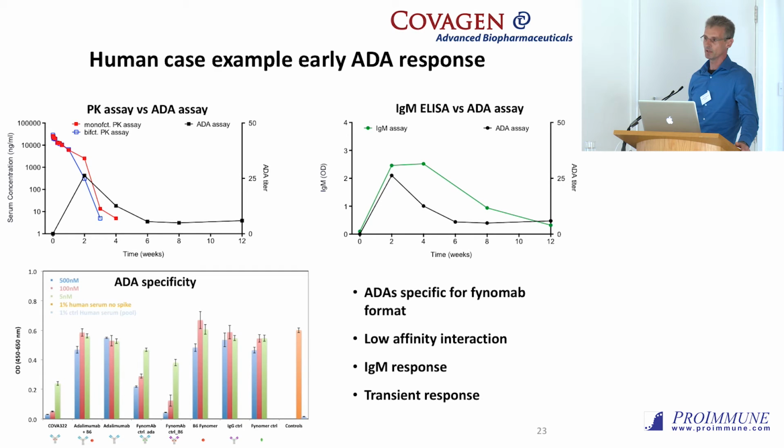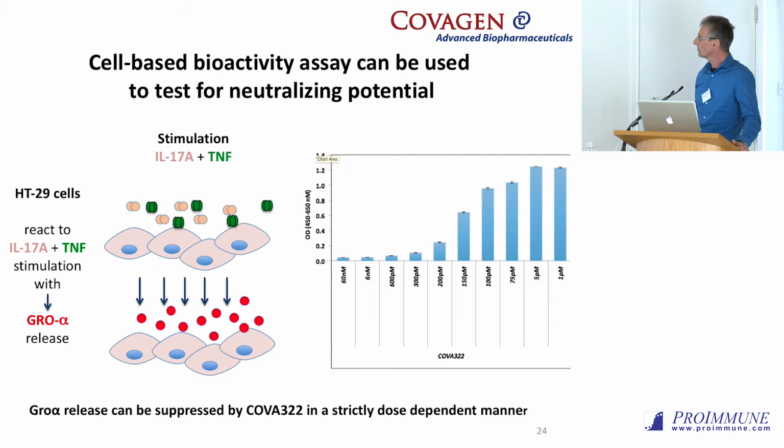Or could it be that we have antibodies that interfere with our PK assays, because we have sophisticated PK assays where binding to the targets could have an influence, and that there's maybe still some bioactive molecule around. So we did use again our bioactivity assay, and this is just to show that this nicely works in a dose-dependent manner, and you could actually use this assay also to quantify remaining concentrations of our candidate.